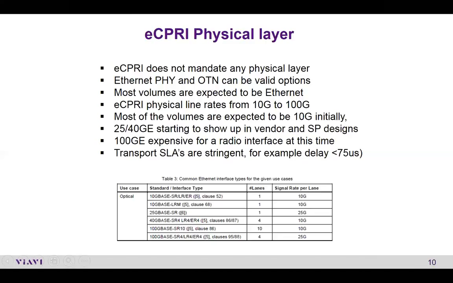25 gig is coming. 25 gig is already in data centers, and what we are seeing now is optics becoming available for 10 kilometers, with FEC or without FEC, doesn't matter. We have optics that are now becoming available that can go for the distances we need for fronthaul, several kilometers.